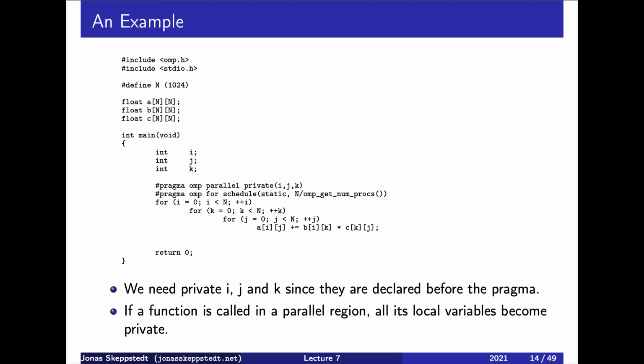So, for example, if we want to do matrix multiplication, we can do it like this, and we say that all of this should be private, and we use static scheduling, and the size should be, well, this n divided by the number of threads that we use. Okay, so num procs is basically the number of threads. Well, it is the number of threads.